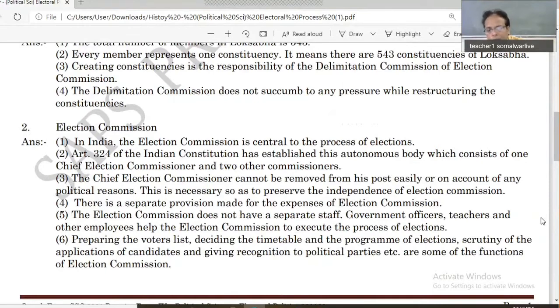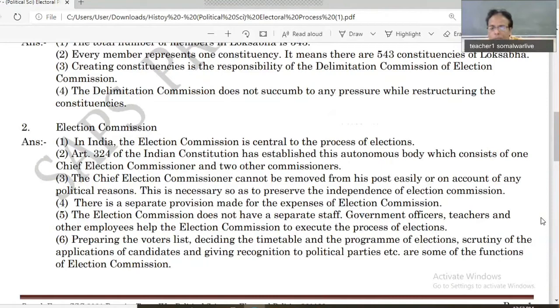Since Article 324 is designated to the election commission, it is a constitutional body, not a statutory body. Be careful. All the power and functions of the election commission are guaranteed by the constitution. No government, no system can dissolve it or direct it in their own way.